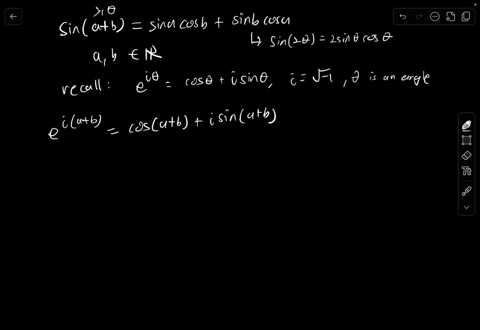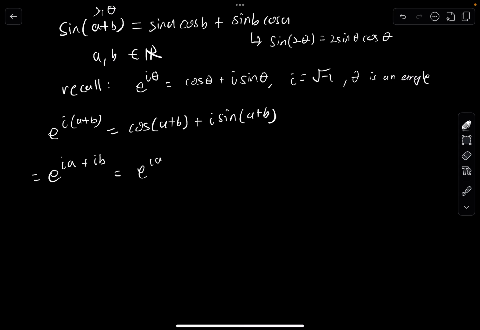Now from here, there's not much we can actually do on the right-hand side, but there is something we can do to the left-hand side. Now, remember, this is the same thing as e to the (iA plus iB), using the distributive property.